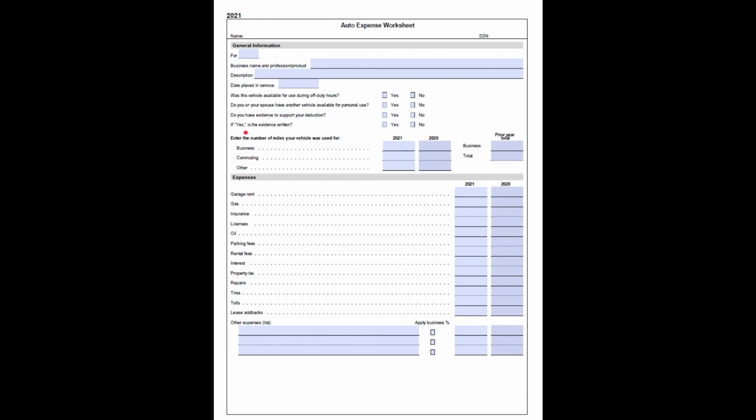So read through those. And here you're going to enter the business miles driven, commuting miles, and any other miles. Okay. And then you're going to enter the direct expenses for the vehicle.